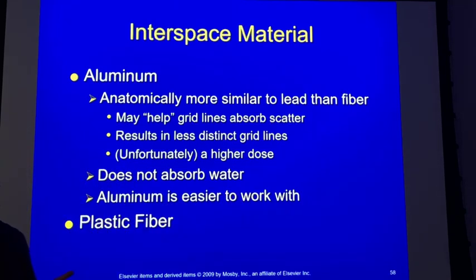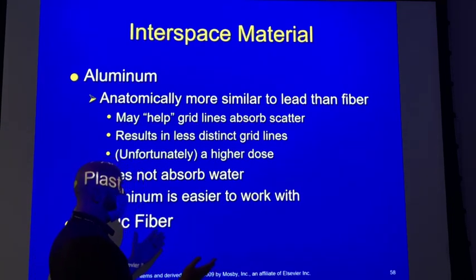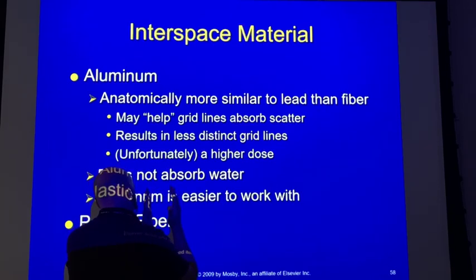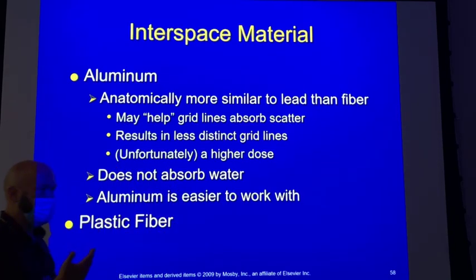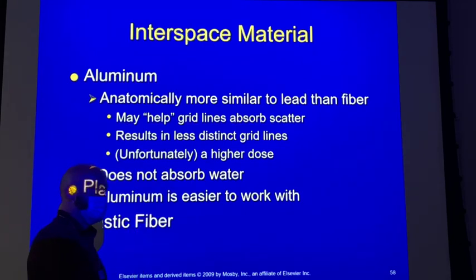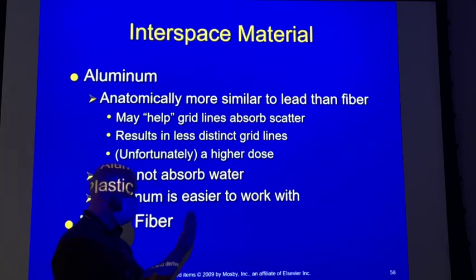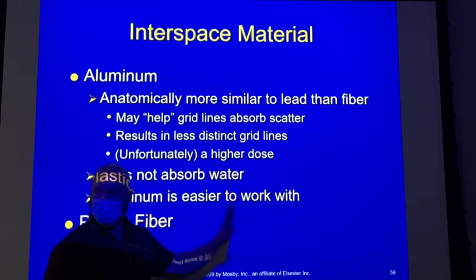So if we take a grid, which is made of lead and other stuff, and we put those lead strips in, even if they're parallel to the travel of the central ray, are those lead strips going to absorb some of the primary, or really the secondary, but our transmitted photons that aren't scattered? The answer is yeah, they will. So if you took a magnifying glass and magnified the image, what you would see are the grid lines.